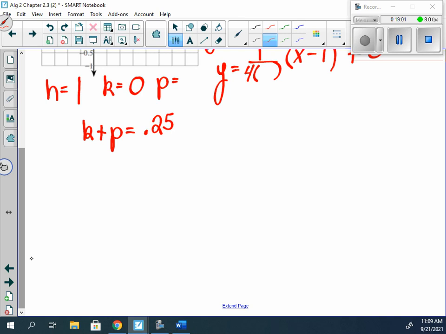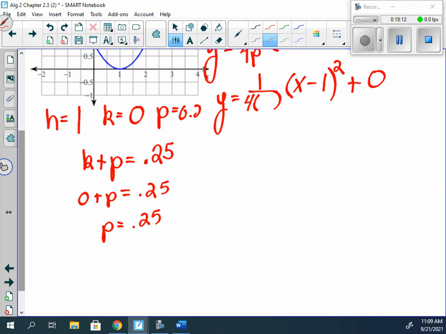What's the value of k? So we have 0 plus p equals 0.25. But really p is 0.25. Any questions on how we got the value of p?